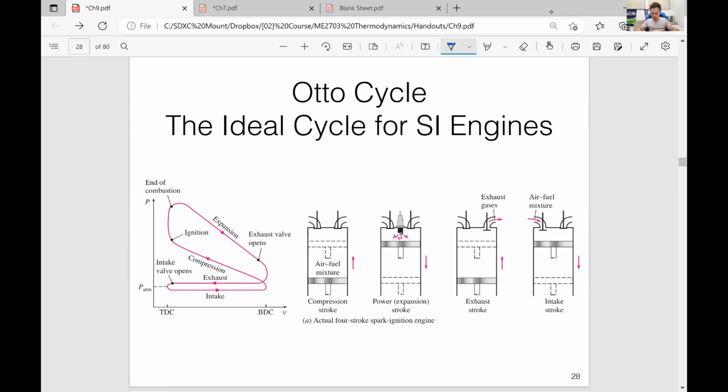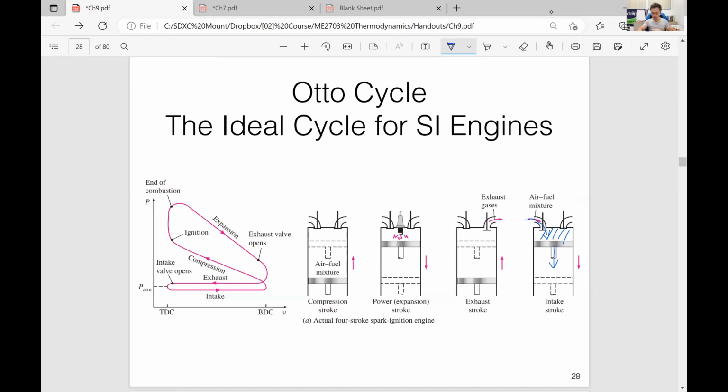Air-fuel mixture comes into the system because when you pull this piston, you create a low pressure inside your system.